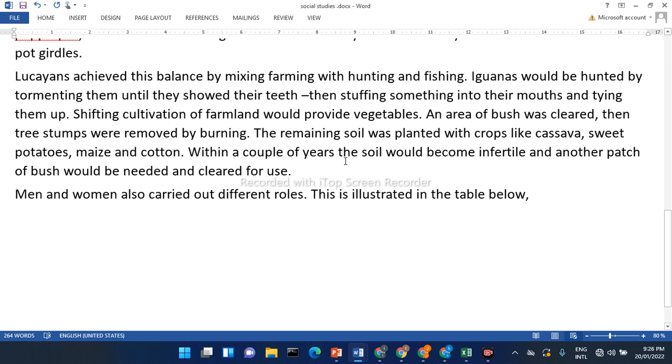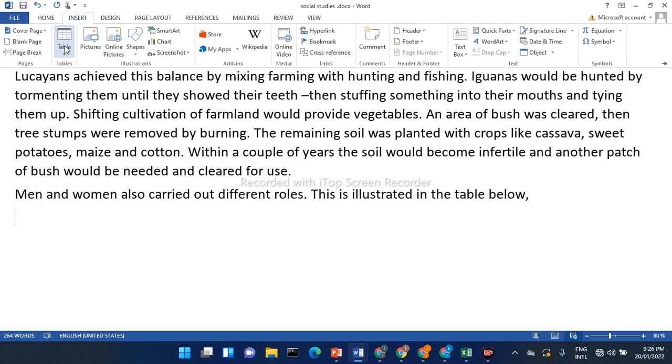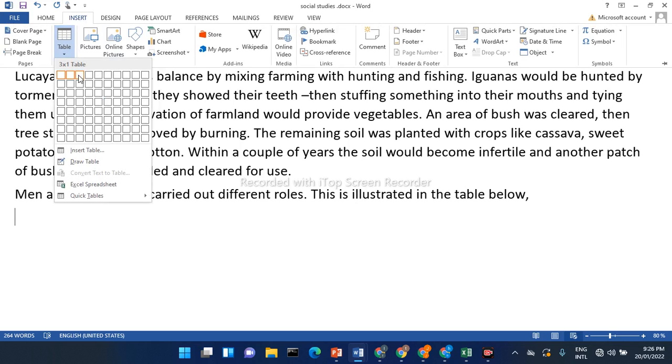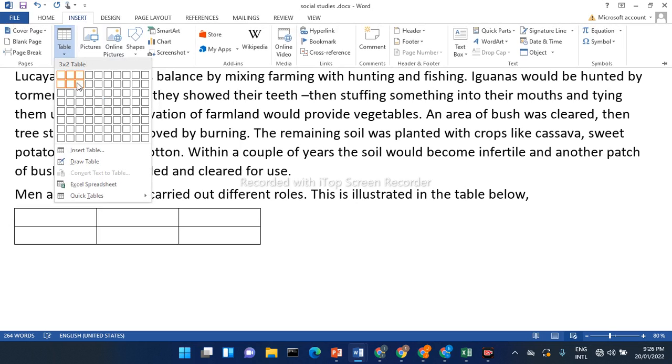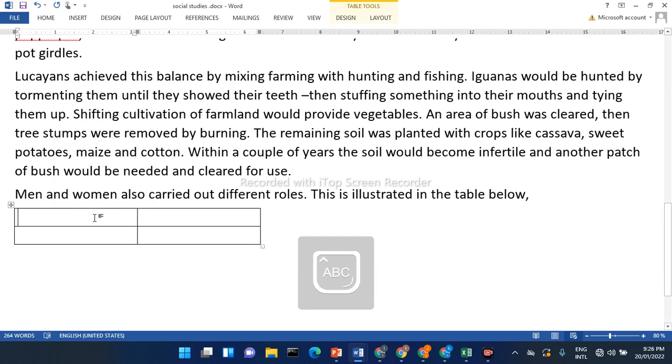So, alright, let's talk about the different roles of men and women in the Leukaem community. So you only need 2 rows and 2 columns for this. On one side we have men, and on the other side we have women. So the men's responsibility was to clear fields.